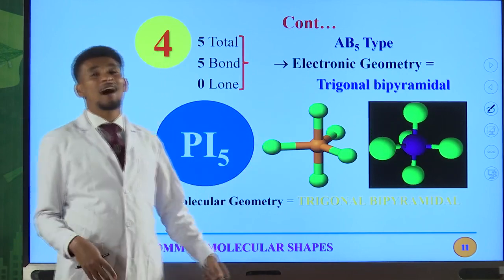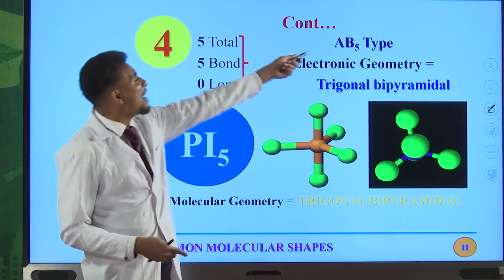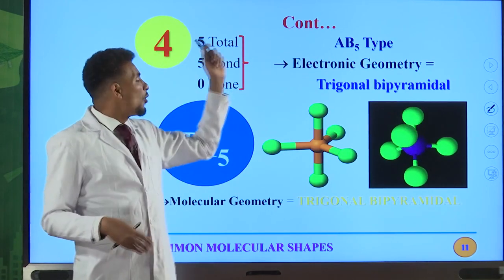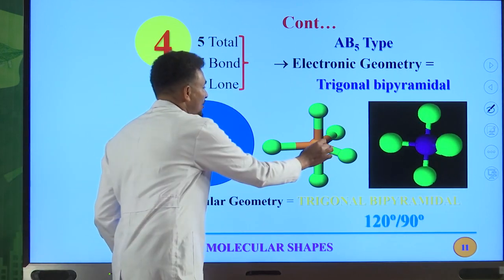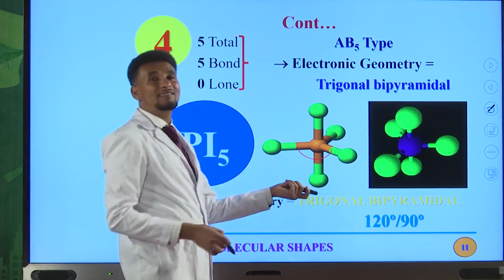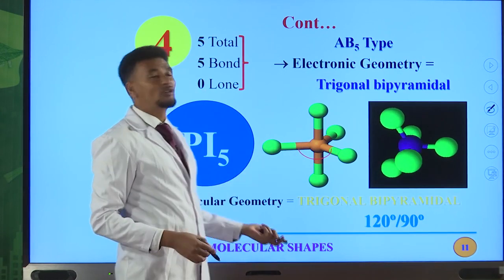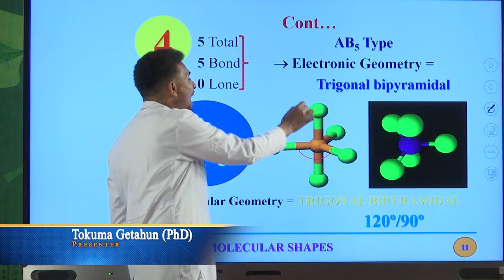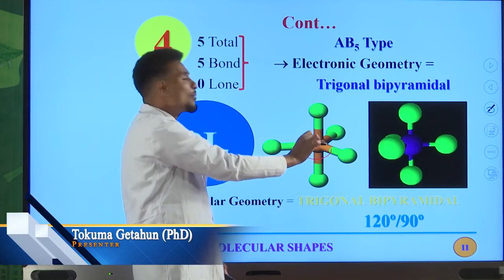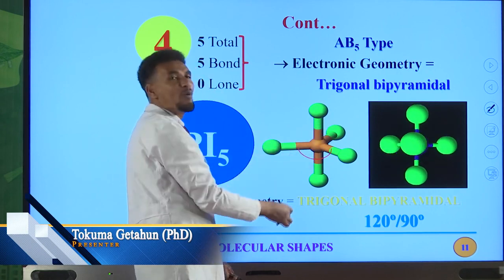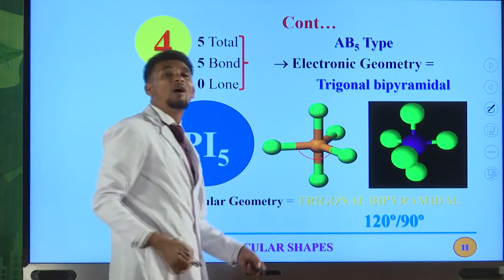What is the ideal bond angle for molecules that have AB5 type? It is 120 degree and 90 degree. For example, between these 2 atoms, the bond angle is 120 degree. However, this is an axial bond. This is also an axial bond. This is an equatorial bond. This one is also an equatorial bond, and this is also an equatorial bond.